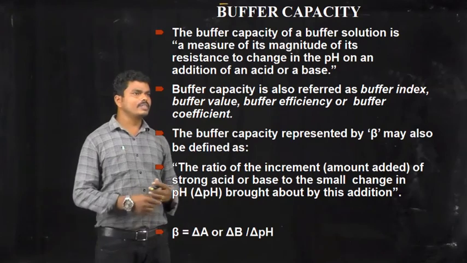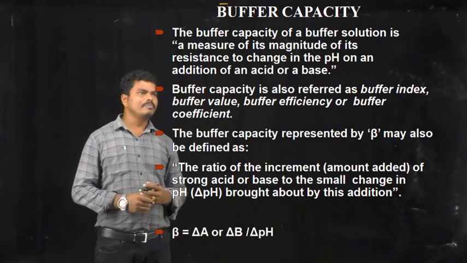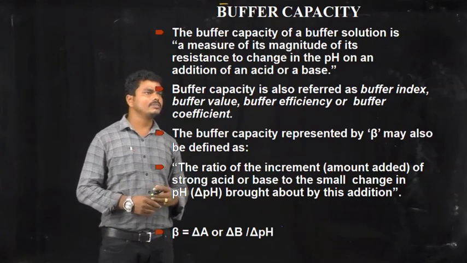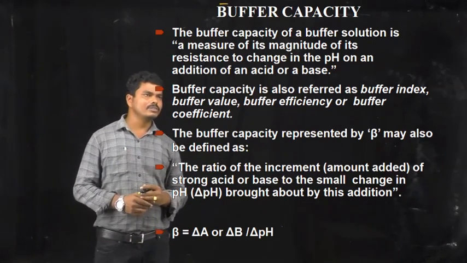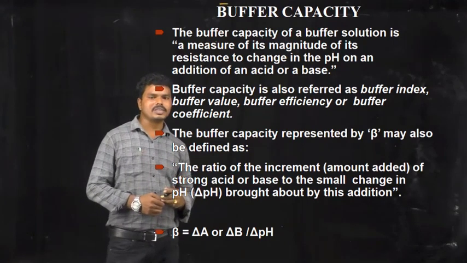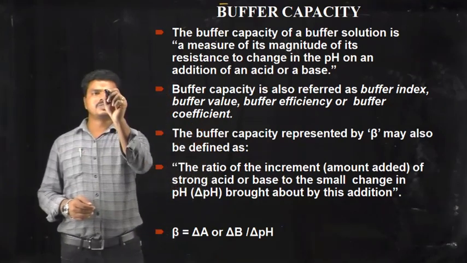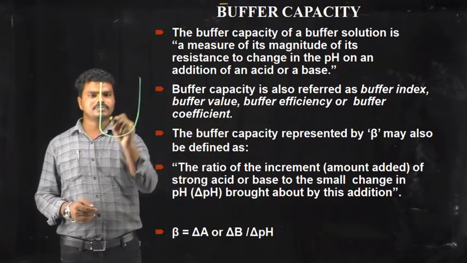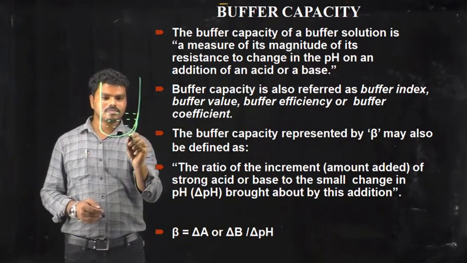And next we'll discuss buffer capacity. Buffer capacity is represented as the magnitude or extent of resistance to change in pH. So consider this as a buffer solution, for example, having a pH of 4.5.